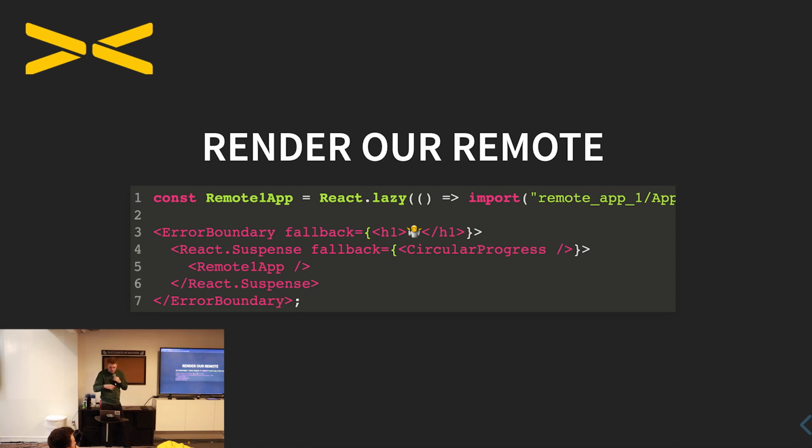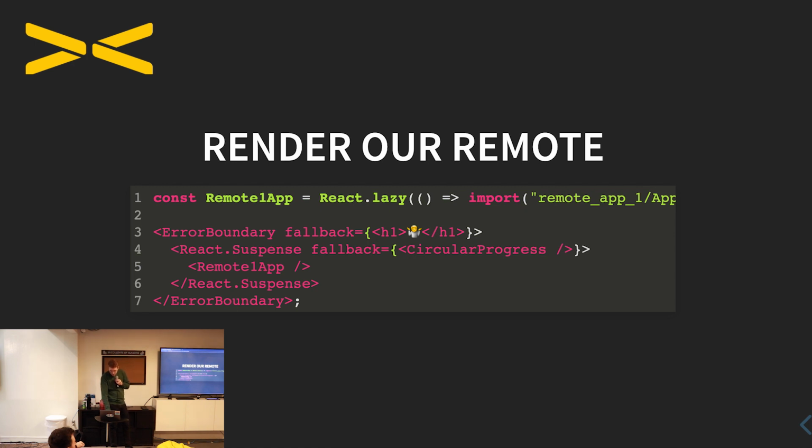And that's because we only want to fetch this remote bundle over the network when we need it. If we don't actually want to render this remote, let's not fetch it, because our users don't need that, and they may never go to this page. And because Lazy is making it render asynchronously, that's why we want suspense. And then we just render it, and it's regular React. You're all done, and that's it.